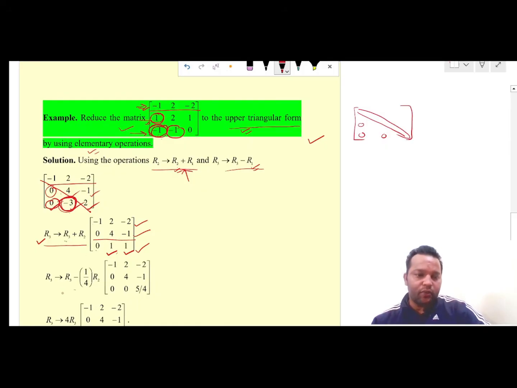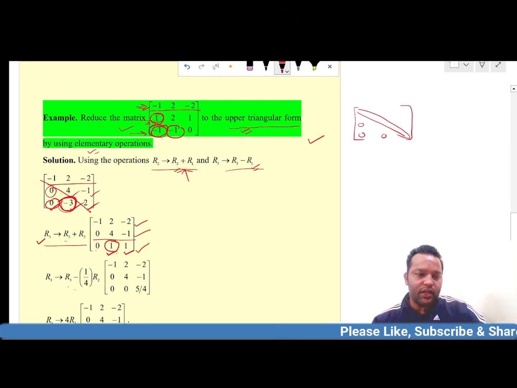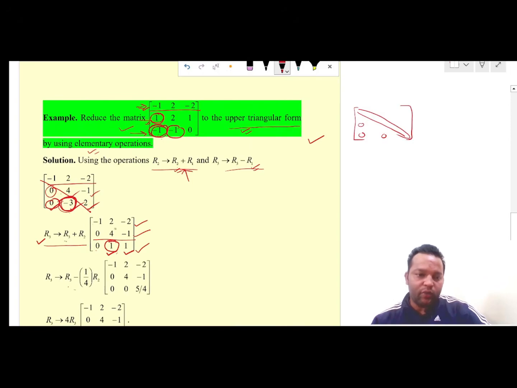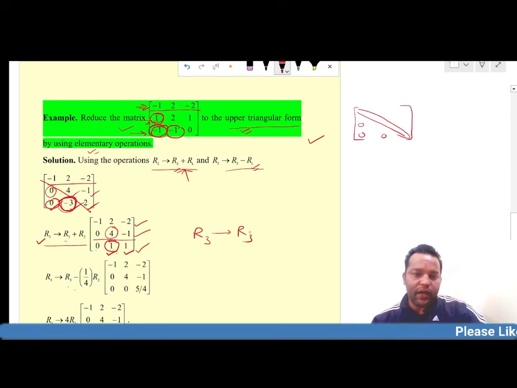In the next step, our objective is to reduce this entry into 0. This entry can be reduced with the help of the entry above it by using the elementary transformation R3 replaced by R3 minus 1/4 times R2.